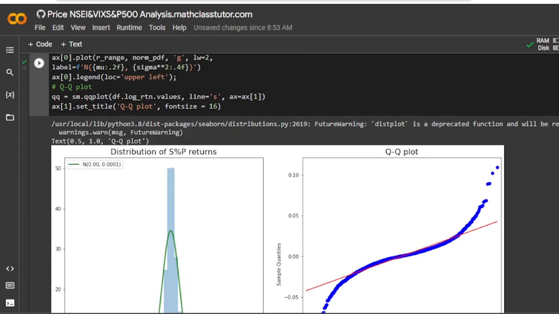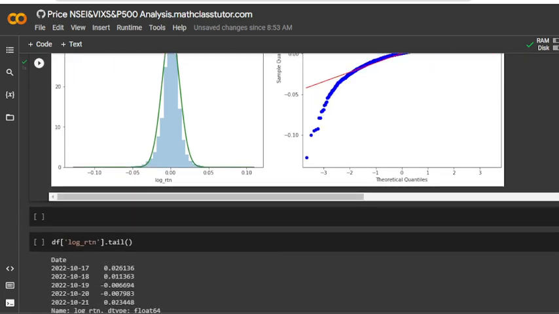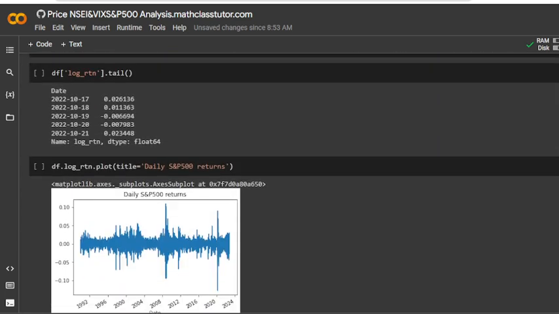Look here. So is more than 10% volatility possible? We will see the distributions of this one and the QQ plots. Look here.